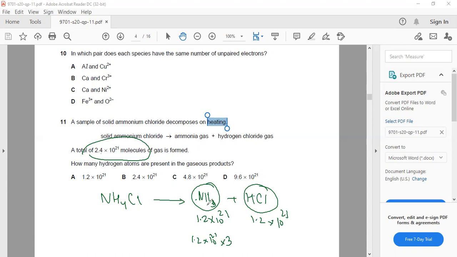One molecule of ammonia has 3 hydrogen atoms. So the total number of hydrogen atoms is this plus this. What's the answer? C, 4.8 into 10 to the power 21.